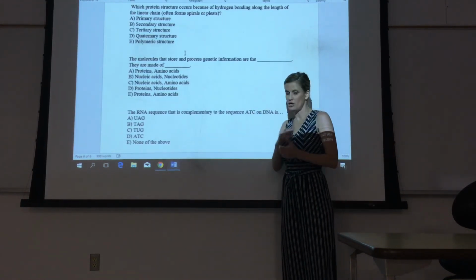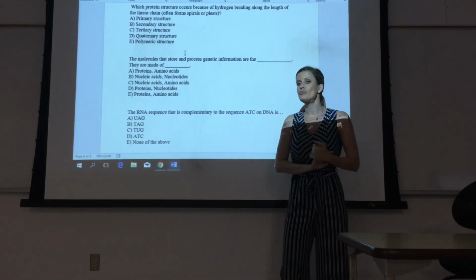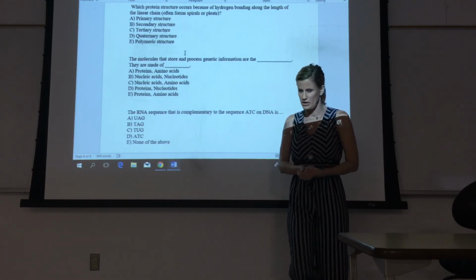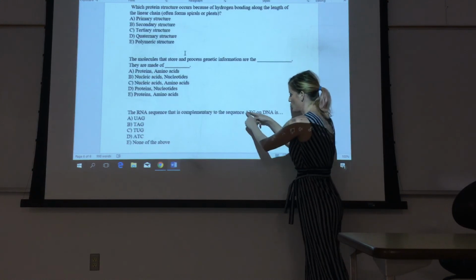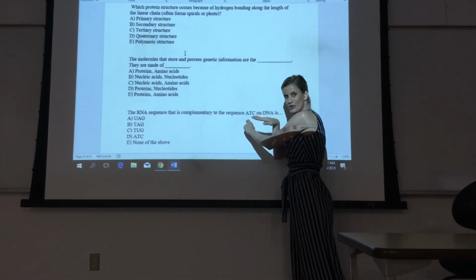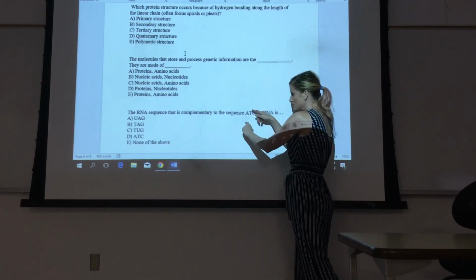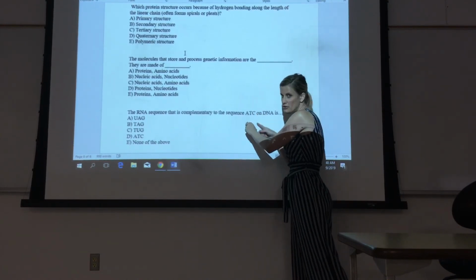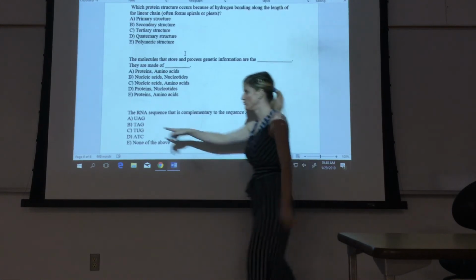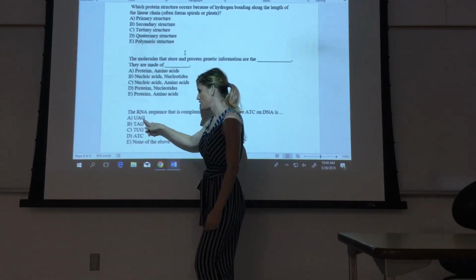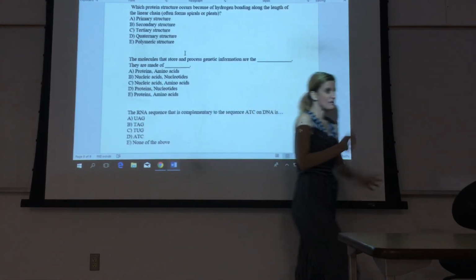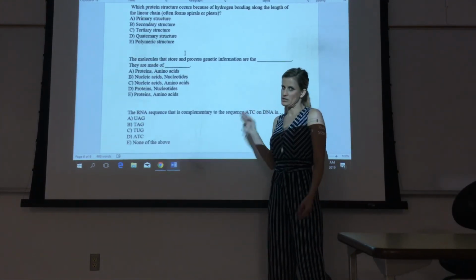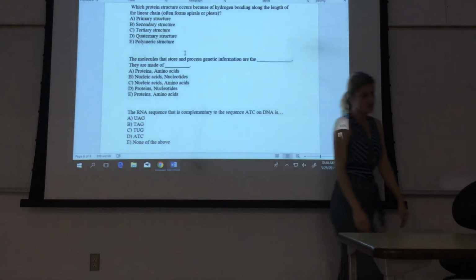There's no T in RNA. So anywhere that you would put a T, you put a U instead. You put uracil in RNA. So A would go to T, but there's no T, so that's a U. T goes to A, so U, A. C goes to G. So UAG, perfect. So be able to match those up. I'll give you some random sequence, and you should be able to come up with a complementary strand.